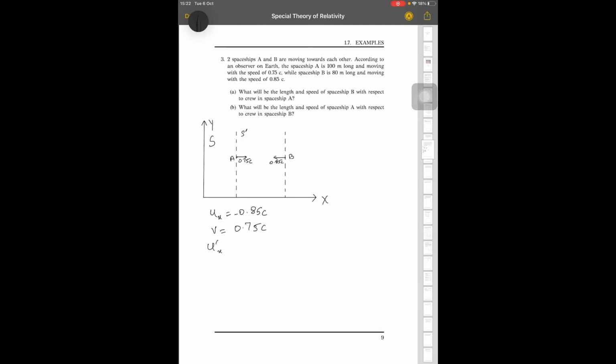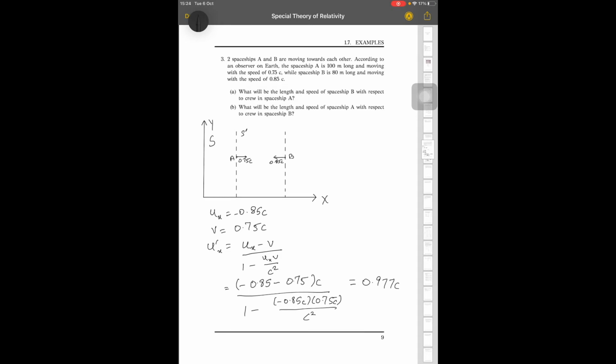So u dash x using Lorentz transformation formula is equal to ux minus v upon 1 minus ux into v by c square, which is equal to minus 0.85 minus 0.75, and we take c common, divided by 1 minus 0.85 c into 0.75 c upon c square, which is equal to 0.977 c.